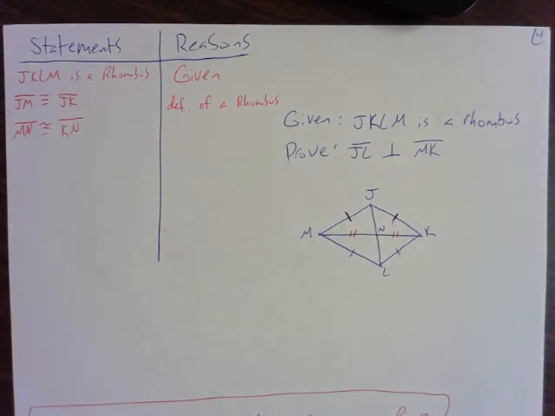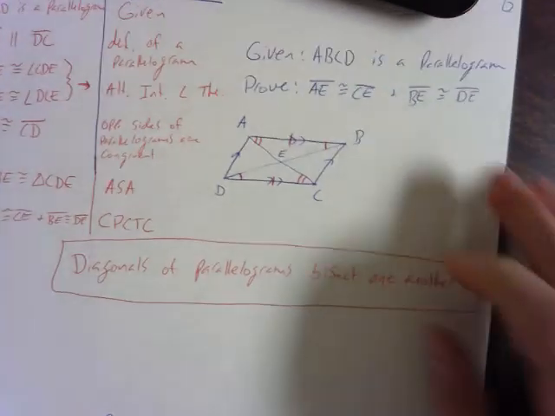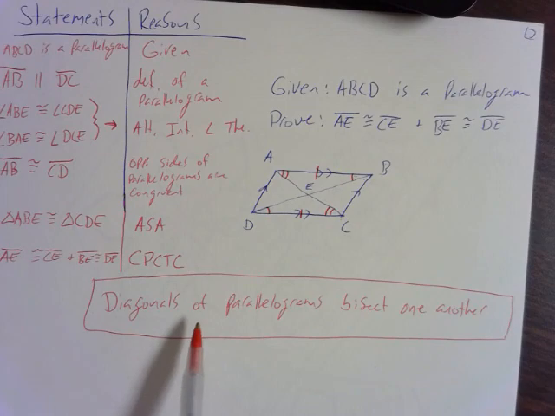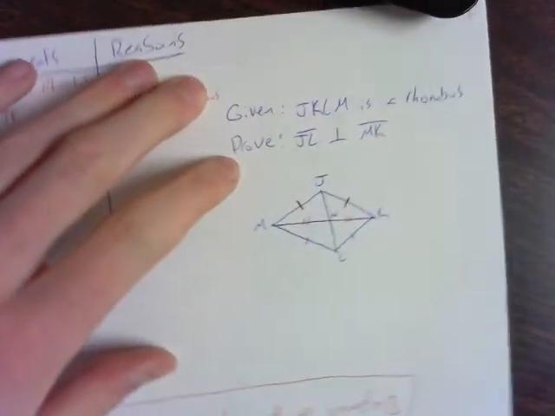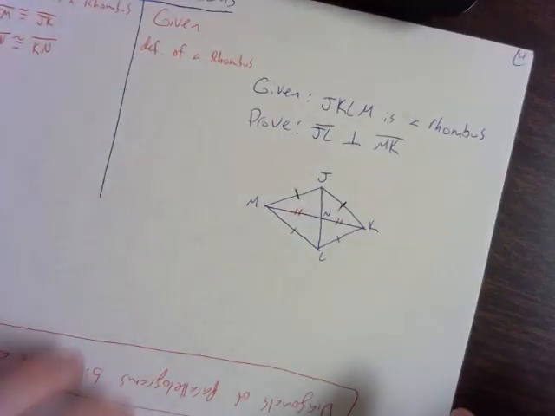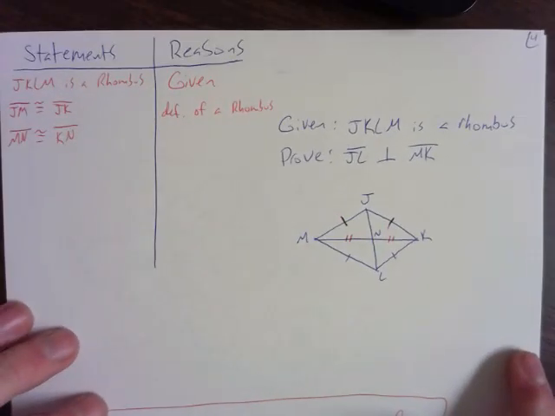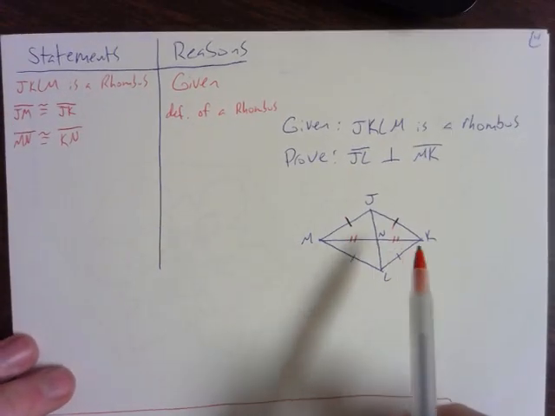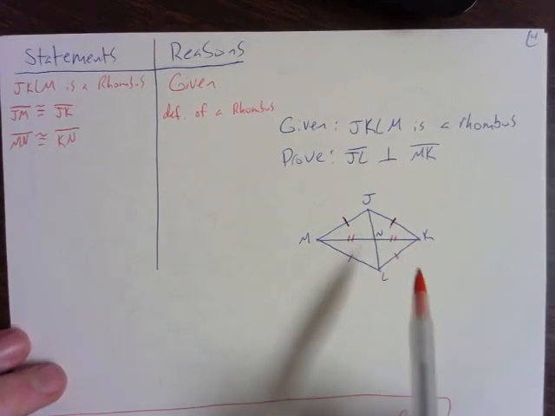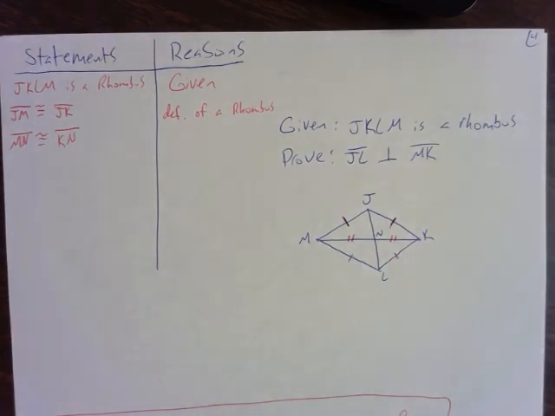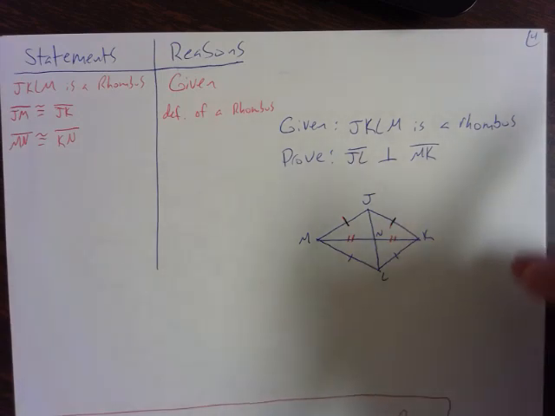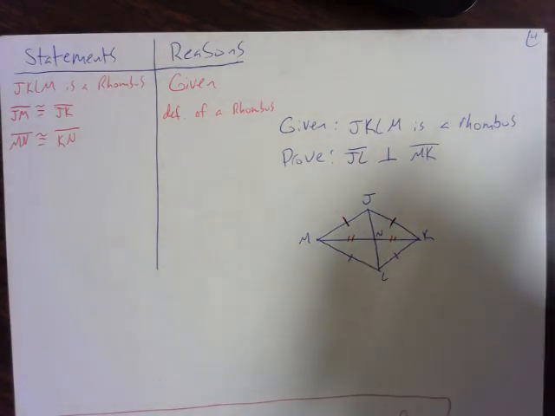And how do I know that? Well, we just did a proof that proved that diagonals of parallelograms bisect one another. Bisect means cut in half, which means that the right side is equal to the left side. So that means that MN would be congruent to KN.